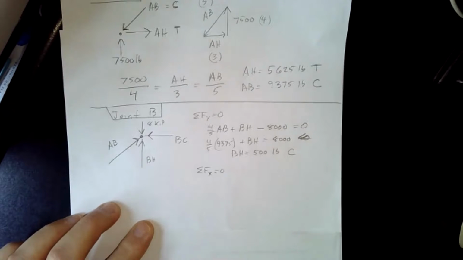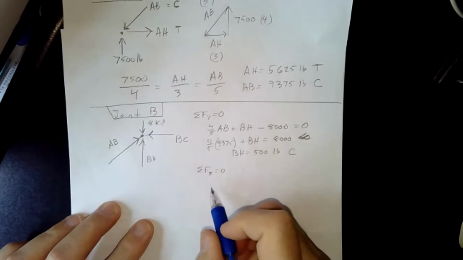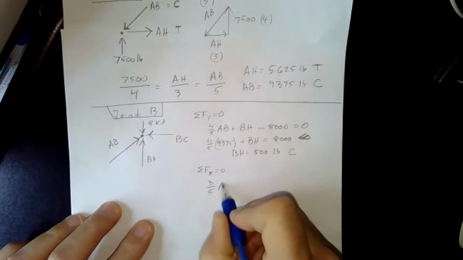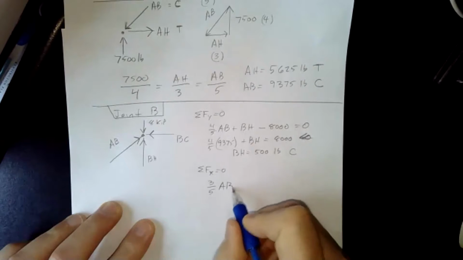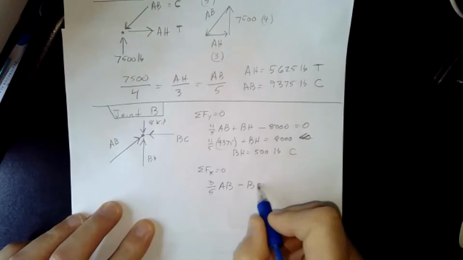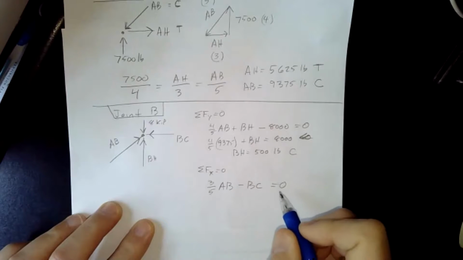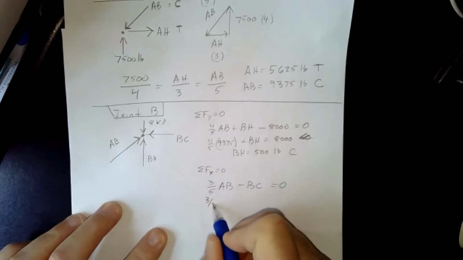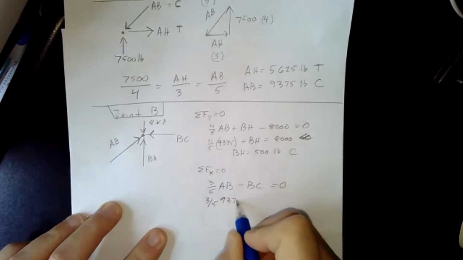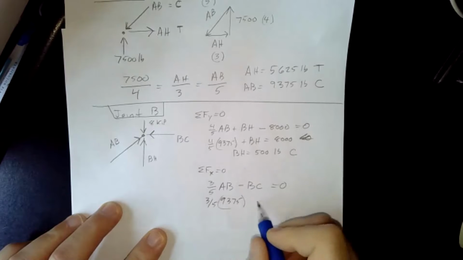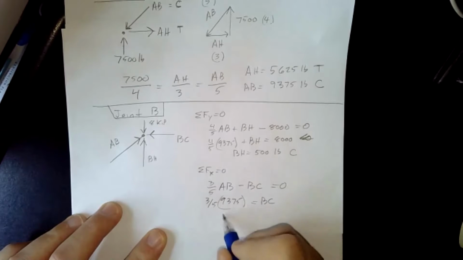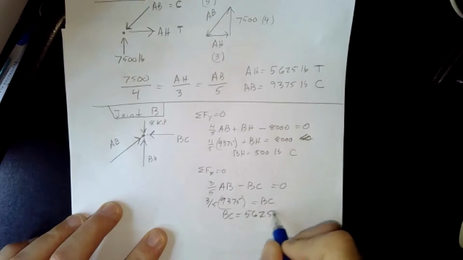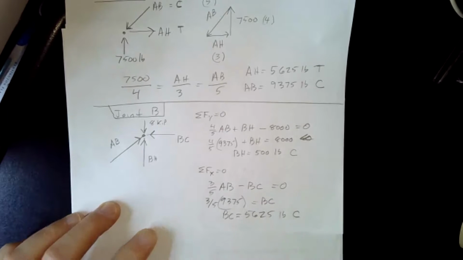We have 3/5 of AB minus BC equals 0. So 3/5 of 9375 equals BC, or BC equals 5625 pounds in compression.